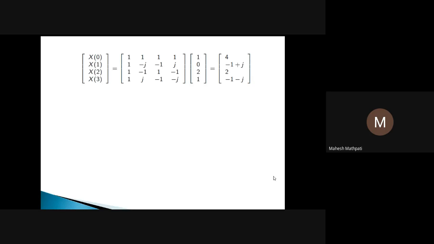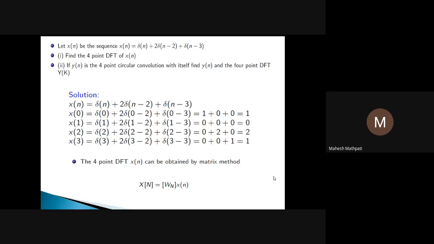What is our second point? Let us read this question once again. If y of n is the 4-point circular convolution with itself, what does that mean?